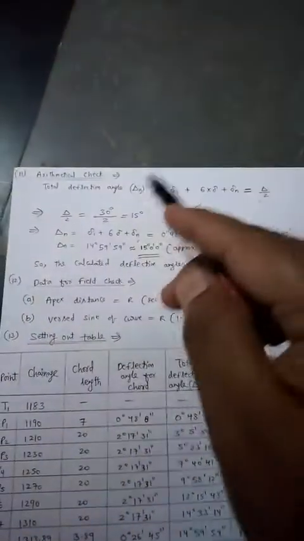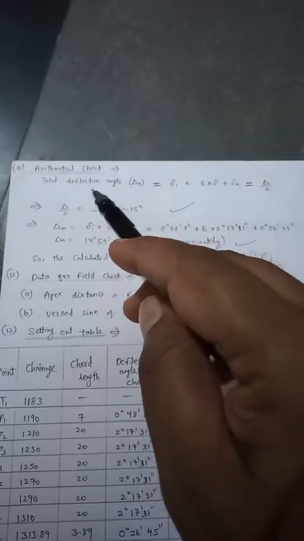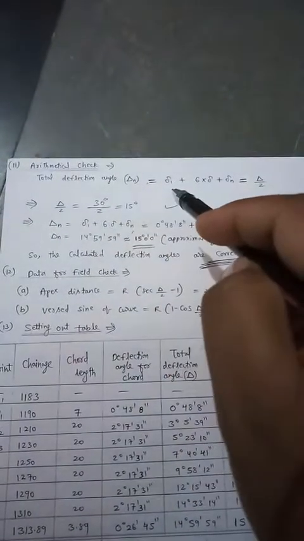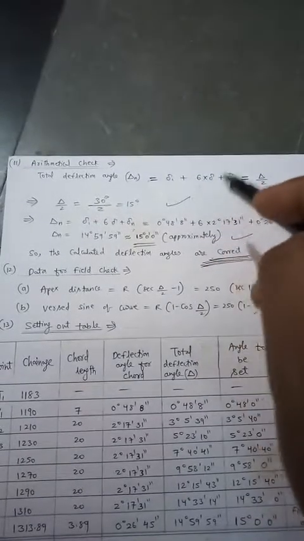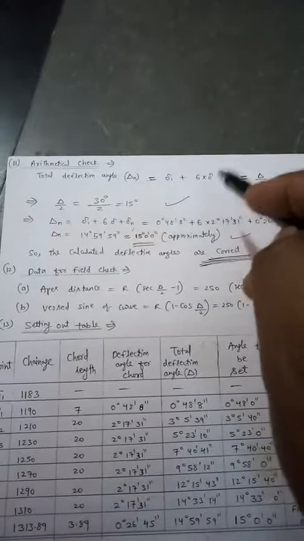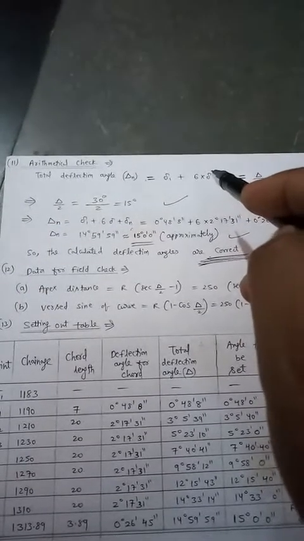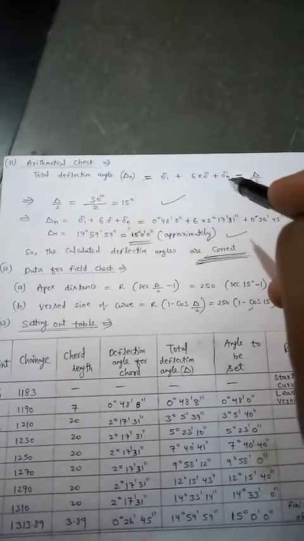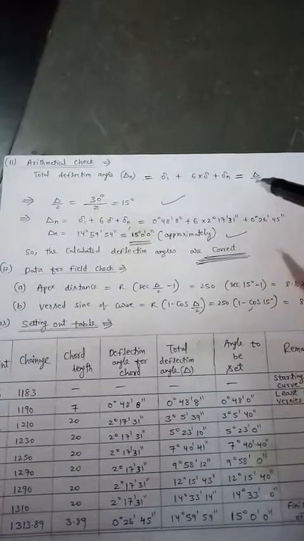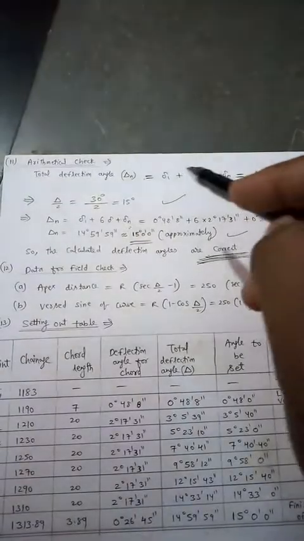So next step is arithmetic checks. The total deflection angle delta n equals the initial subchord angle plus 6 into the angle for the normal chords or intermediate chords, plus the final subchord angle, which should equal delta by 2. This is the check.